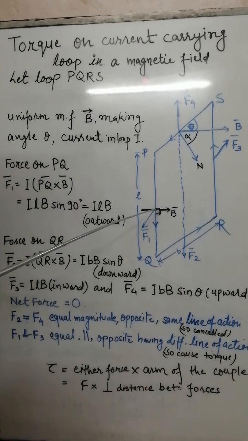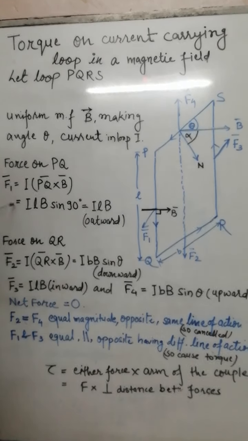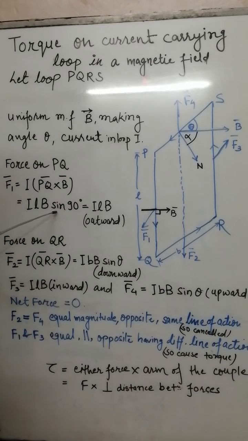You see the angle between magnetic field and this current element is 90. Okay, so F1 is equal to I L B sine 90, which is I L B, because sine 90 is equal to 1. And if you apply Fleming's left hand rule, you will get its direction, and the direction of force will be out of the paper, or you can say outward.